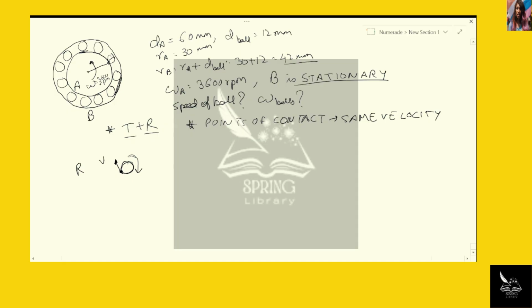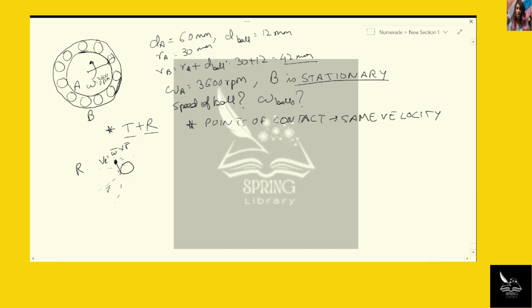So this is the radial velocity. Radial velocity is always omega cross r, which in this case is perpendicular to our radius vector here. This velocity is coming from disk A. It's in contact with disk A, which I'm not drawing here, but just showing you. So this is going to be the r, and omega cross r is perpendicular here.